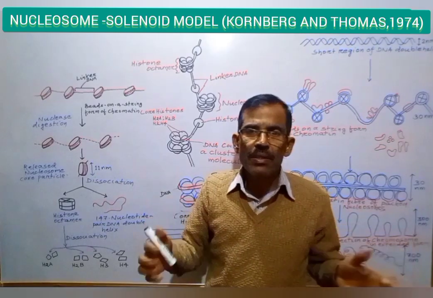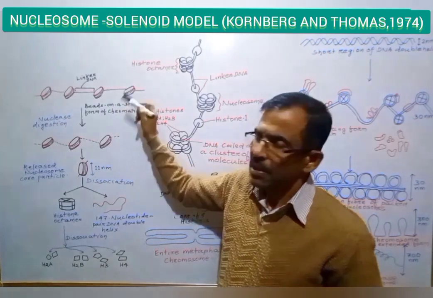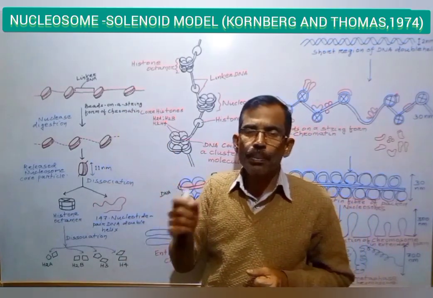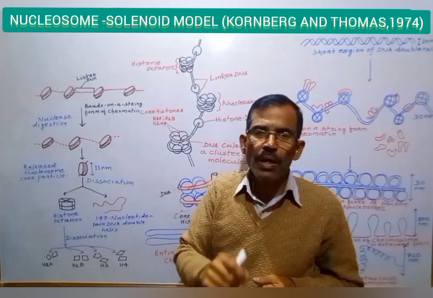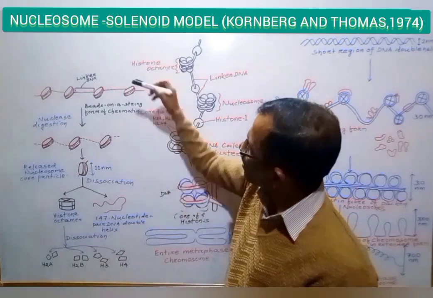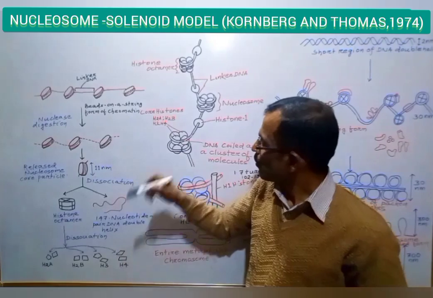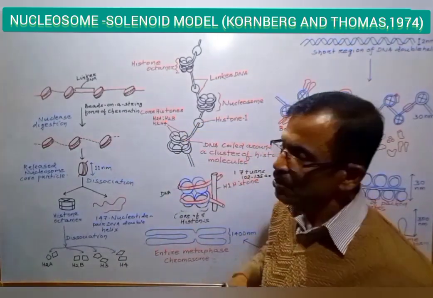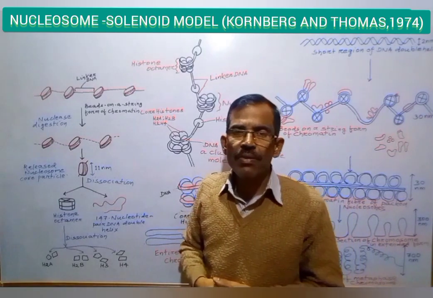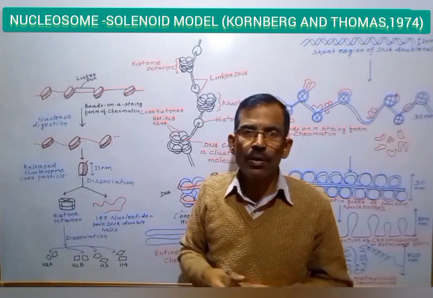As already mentioned, the length of the linker DNA varies from a few nucleotide pairs to about 50 nucleotide pairs, and the double-stranded DNA, which is tightly wrapped around the histone core, is 147 nucleotide pairs long.